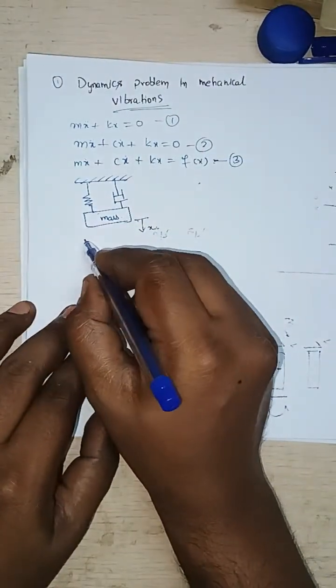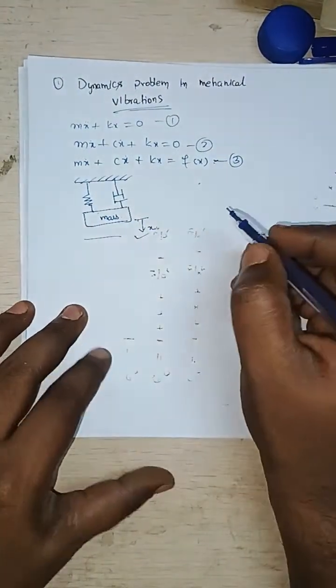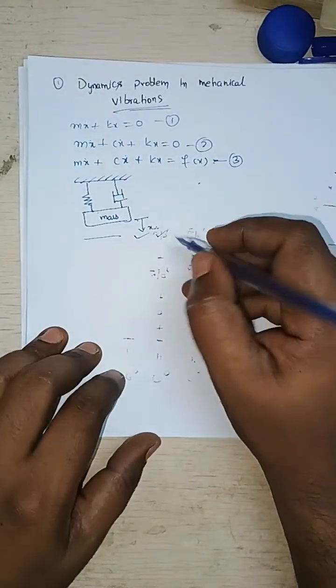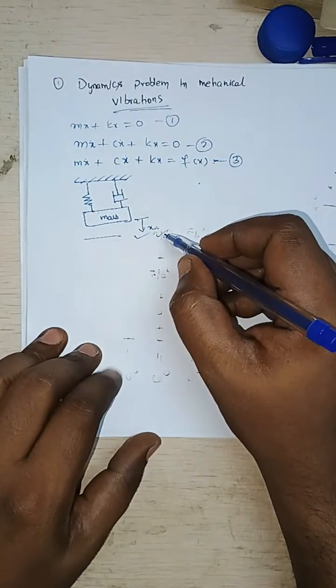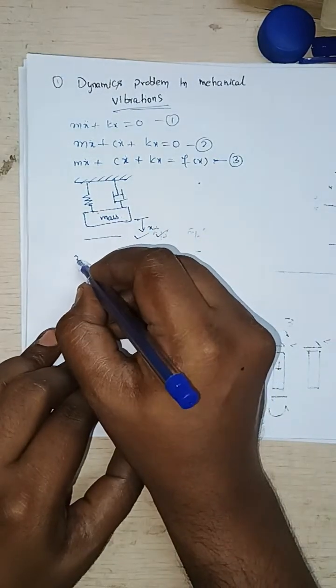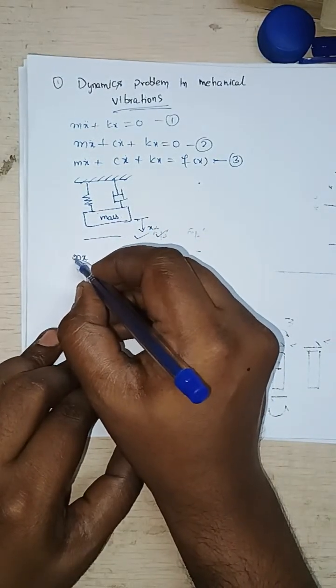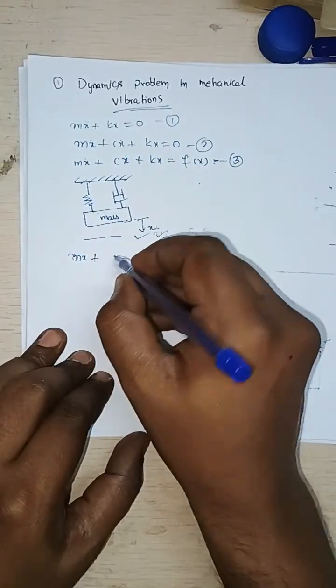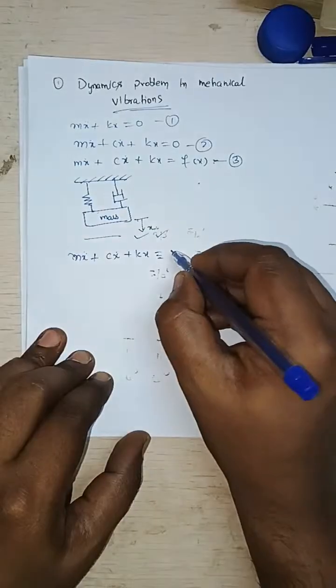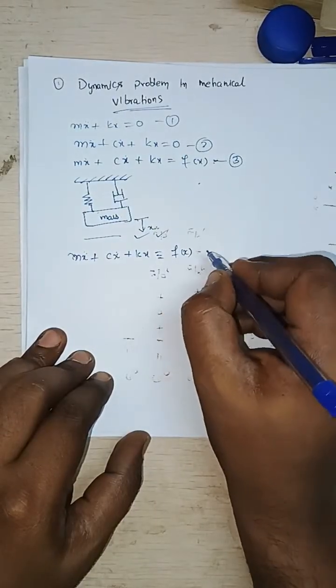So this is our system over here, which is mx double dot plus kx is equal to 0. Now, in order to solve this type of problem, we have to write mx double dot plus cx dot plus kx is equal to f of x.